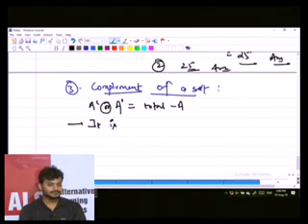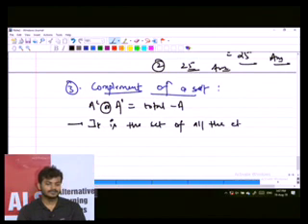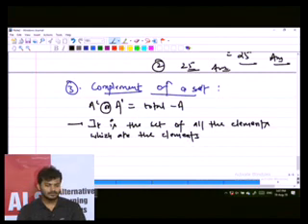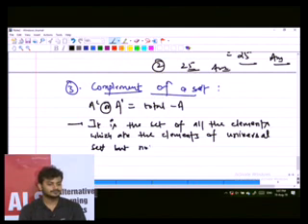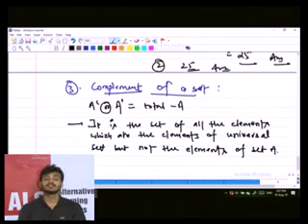It is the set of all the elements of the universal set but not the elements of set A. So I think this is very clear to all of you that whatever you are talking about would be from the universal set.